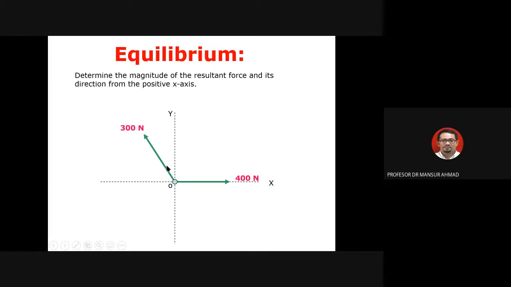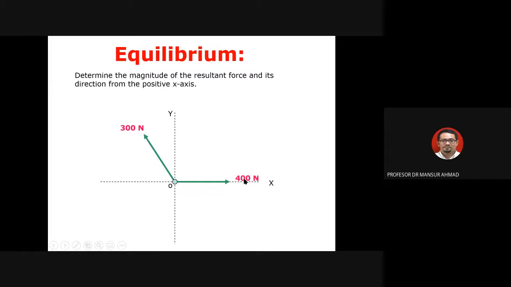You can look at this angle from the y-axis, over here, or you can look at this angle from the negative x-axis. So in other words, this 300 Newton is applied at an angle.